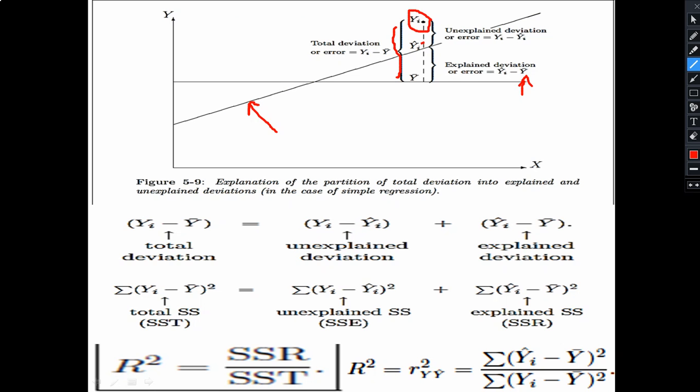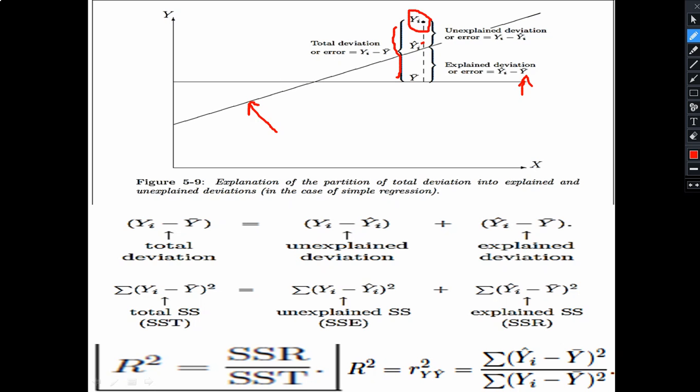Y hat is the estimated, forecasted, or predicted one. But the explained deviation is the deviation between y hat, the forecasted line, and the mean of this line.